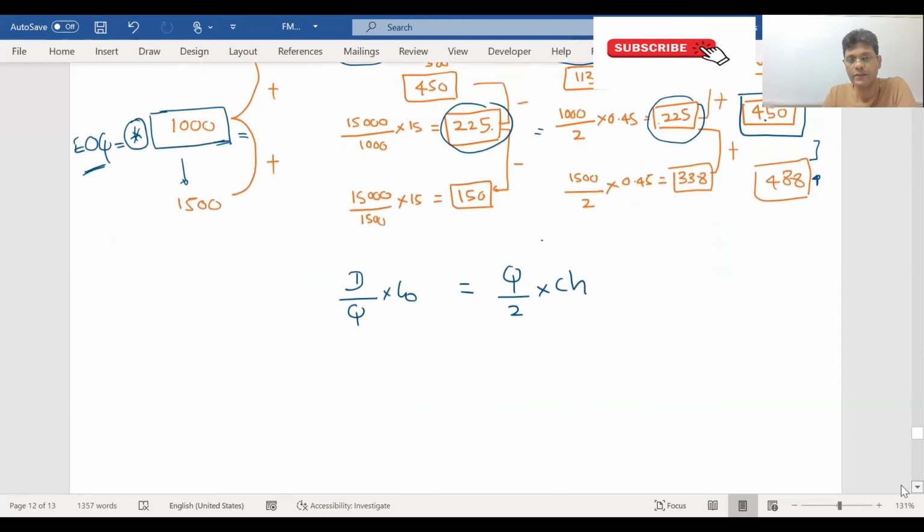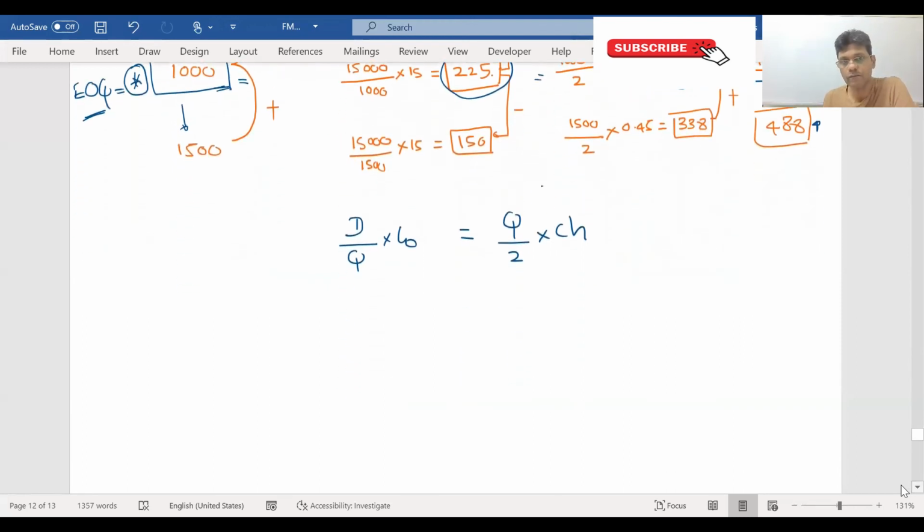When you simplify this, how do you simplify? This is purely maths. Cross multiply this: 2DCo equals Q to the power 2 times Ch.